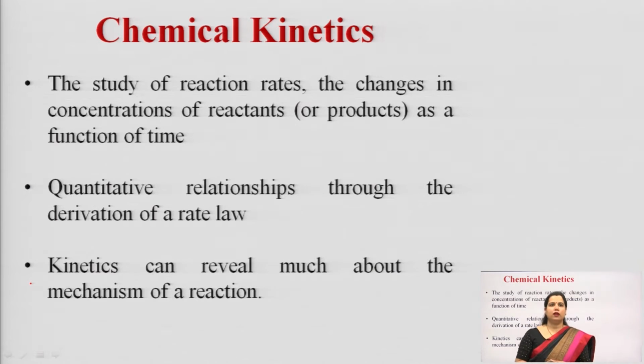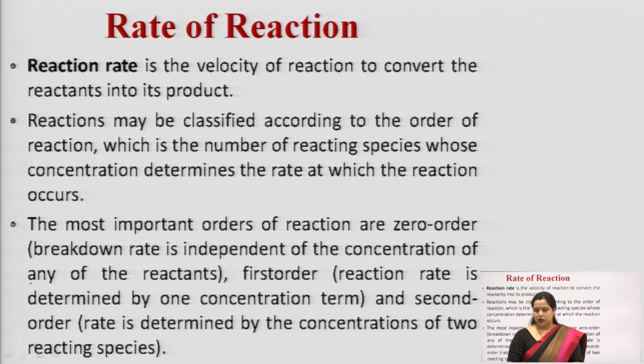So, it is a quantitative relationship through the derivation of a rate law. Kinetics can reveal much about the mechanism of reaction, how the reaction is taking place between the substrates to get the desired product. So, first we will discuss rate of reaction.